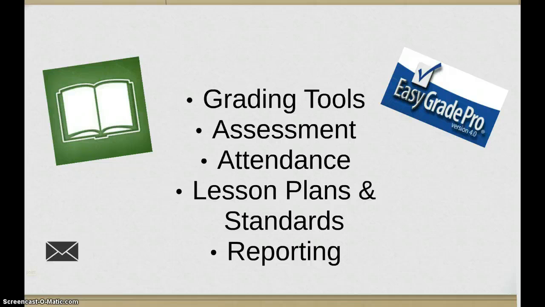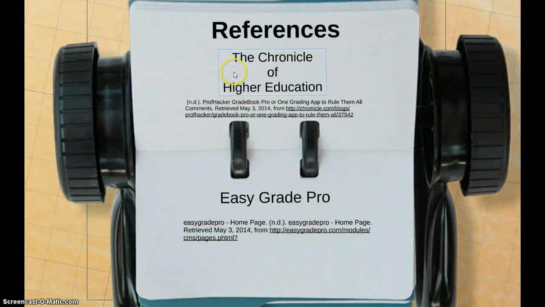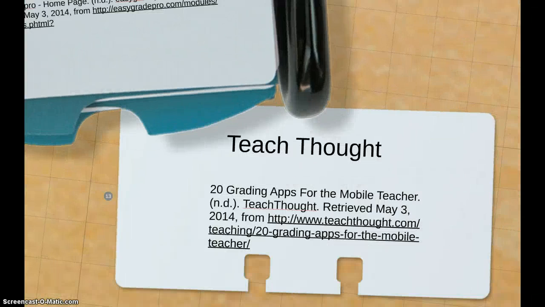So let's go ahead and take a look at my references. I referred to the Chronicle of Higher Education because this was kind of where I got to see what people were thinking. It was their information and comments on Easy Gradebook Pro. This is the actual Easy Gradebook Pro website, which was not all that useful.